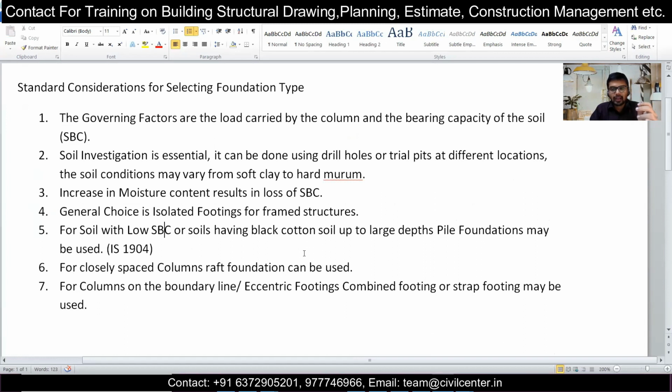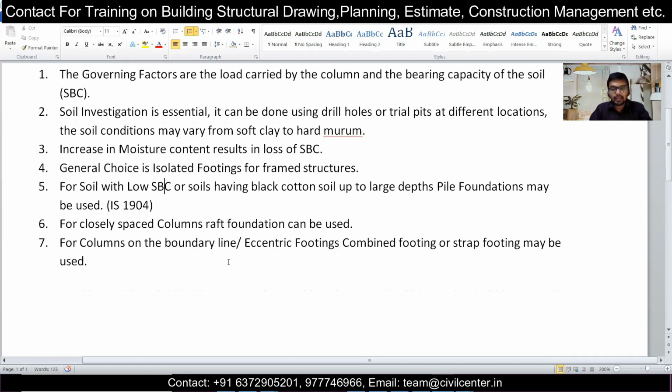These two are the considerations which we need to take care of and which decide the particular type of our foundation. So next, let's discuss a little bit about soil bearing capacity.